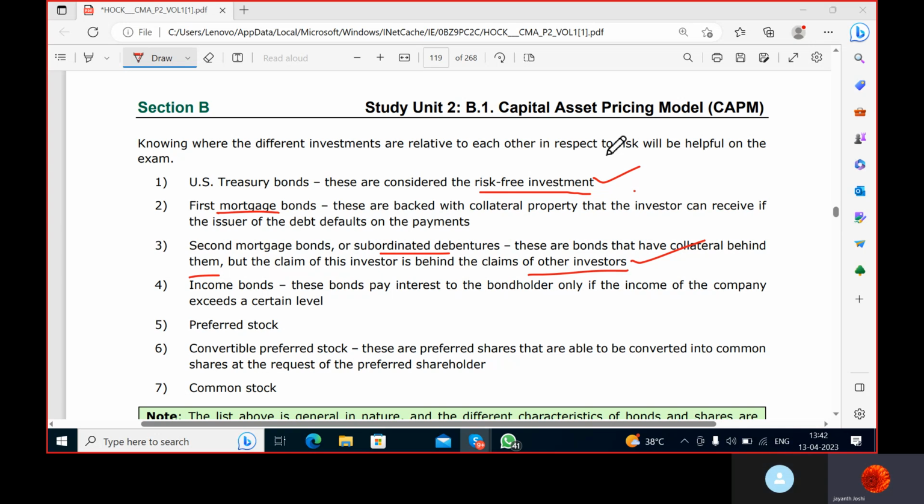Why? Because those people are pressurizing the company to sell the assets and give the money back. That's the reason why these are called subordinate debentures, because they can claim only after the claim of the first mortgage bonds. But I'm really doubtful about the statement they are giving. It's a controversial statement. If you want, I can send you a number of links, or you can Google it. You will not see any subordinate debentures with any collateral actually.